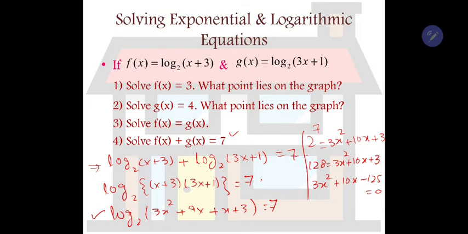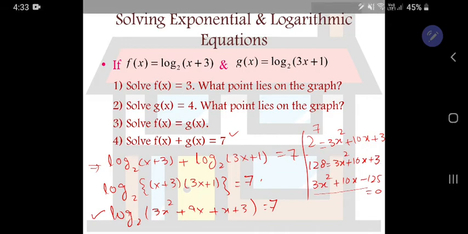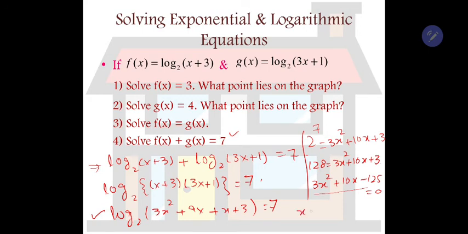Now as you can see, this is a quadratic equation, and you know how to factorize a quadratic equation. So if you solve this quadratic equation, you will have x equals 5 and x equals minus 25 over 3. Now my question to you is, will you take both the values of x?